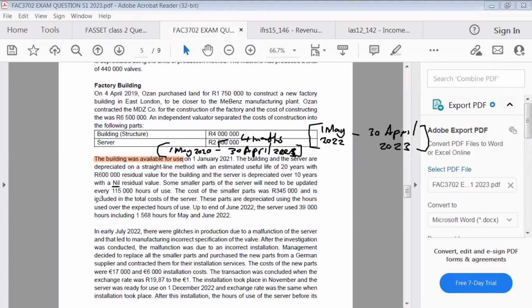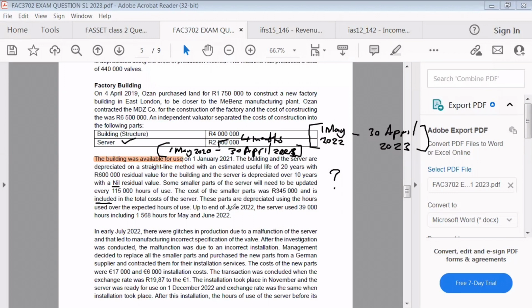Then you should have that thinking question mark popping just above your head. These parts are depreciated using hours used over the expected hours of use, right?